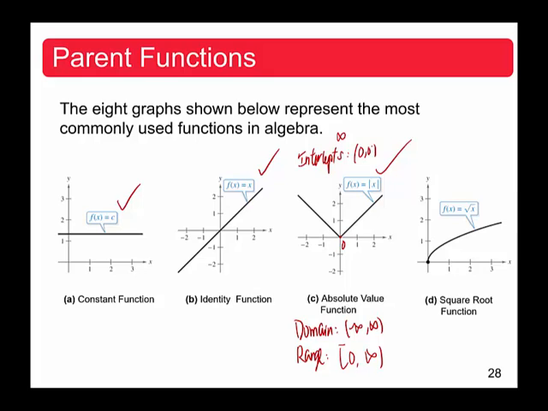And also it has a line of symmetry because it's an even function, symmetry with respect to the y-axis. So the y-axis is a symmetry, because it's an even function.